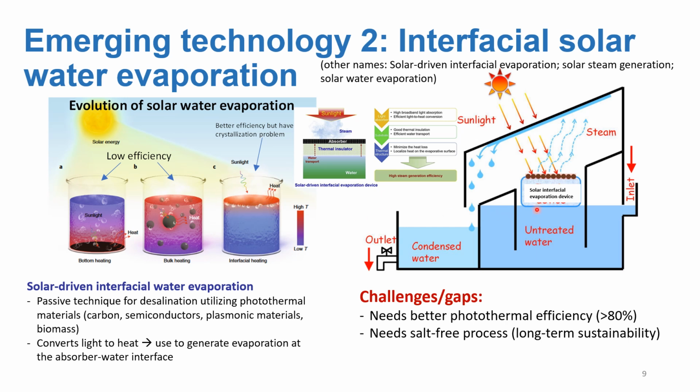So if you look at how it looks as a full system, you have a solar absorber here, which is floating on top of untreated water, like seawater. And then you have a glass plate here that is transparent and also serves as a condenser. So once the light is illuminating the absorber, and the absorber absorbs the light and converts it into heat, it will evaporate water here.